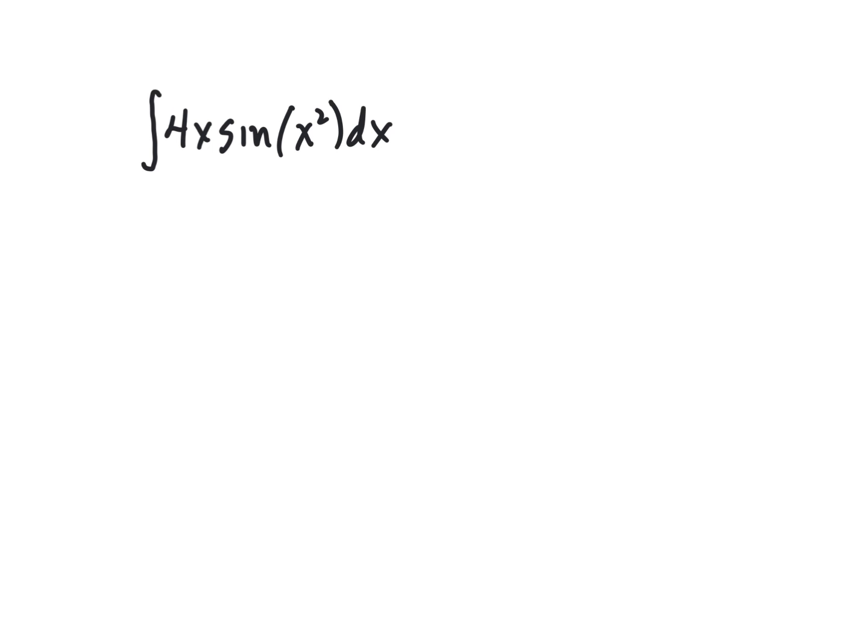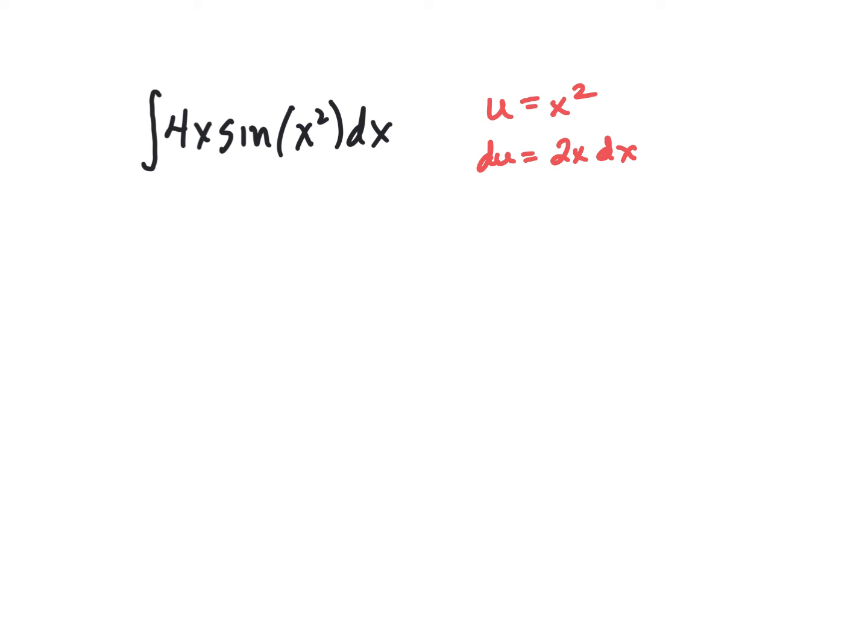You can't add an x. If this were x cubed, or if it were just x, let's say, well, the derivative of x is 1. I can't add an x in here. So u is going to be x squared. The derivative of that is 2x dx.